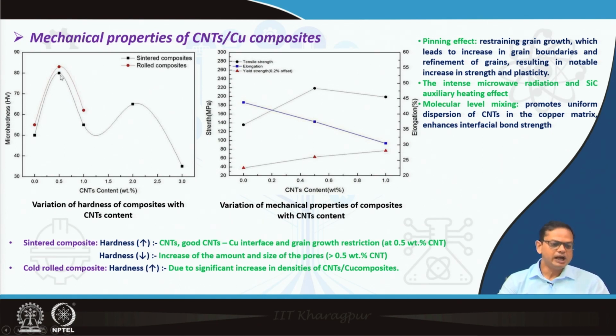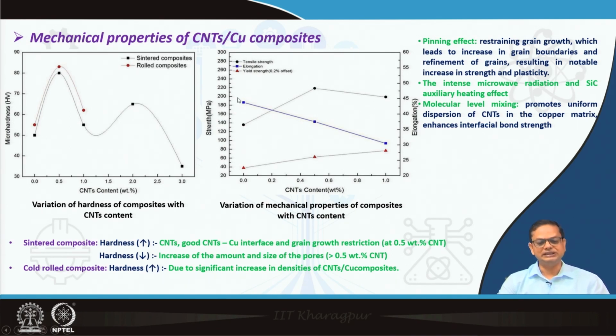Okay. However, as you increase the amount of CNT content, obviously there is decrease in microhardness, and also you can see there is decrease. So, this is for rolled structure, there is decrease in tensile strength, as well as the yield strength is not getting affected that much, but ultimately the tensile strength, the UTS, is getting lowered.